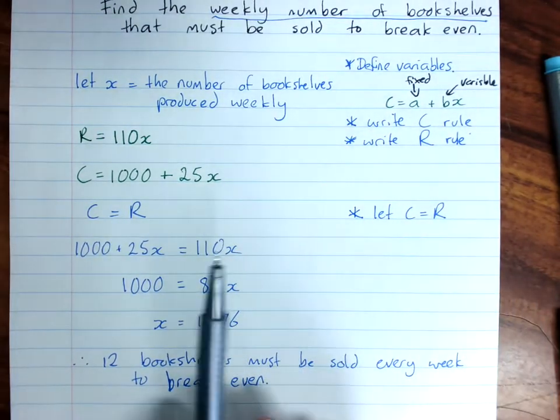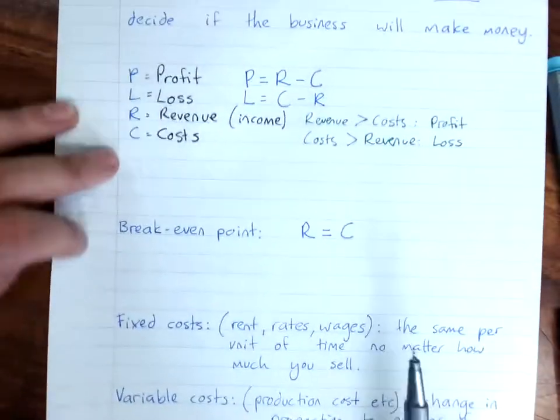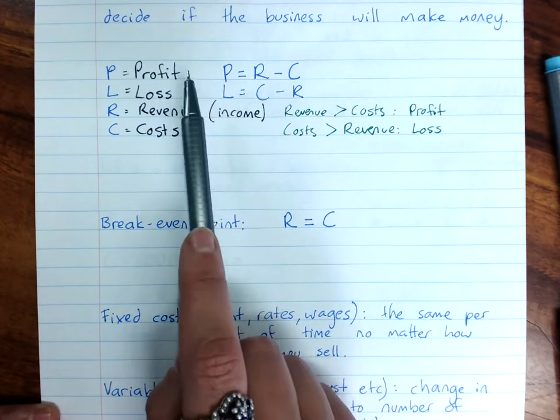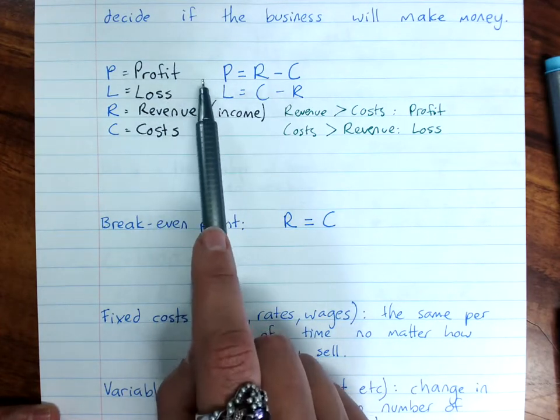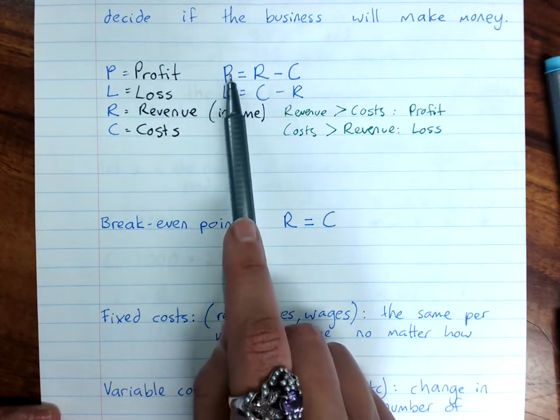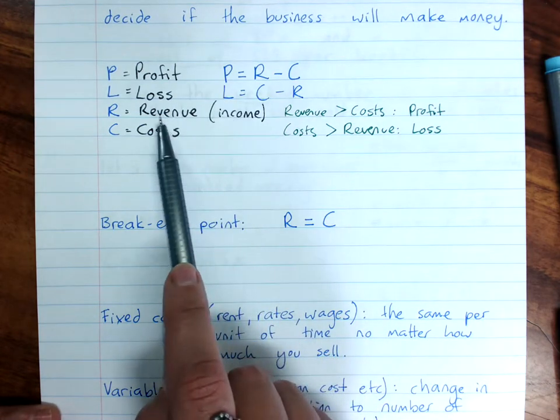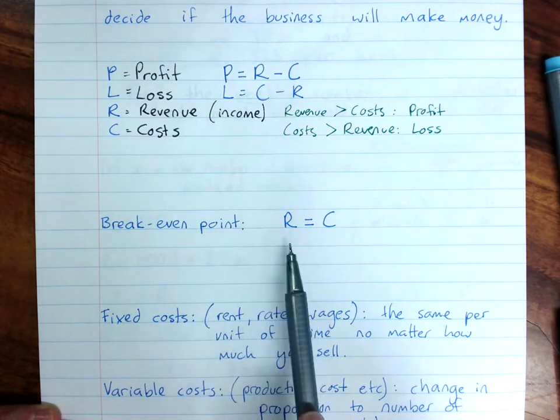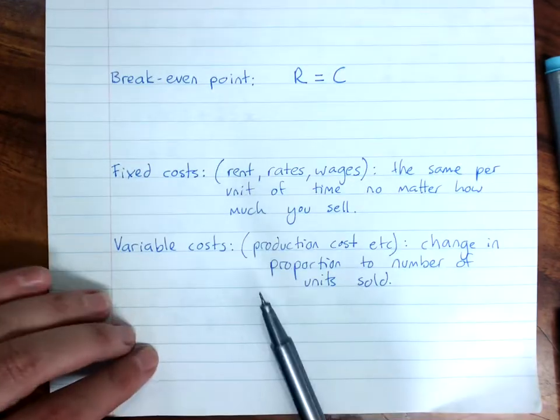So our key focus is we're finding the break-even point. We have to have an understanding of whether we're making a profit or a loss. Our revenue and our costs are the same at the break-even point.